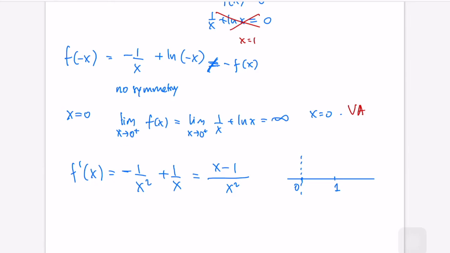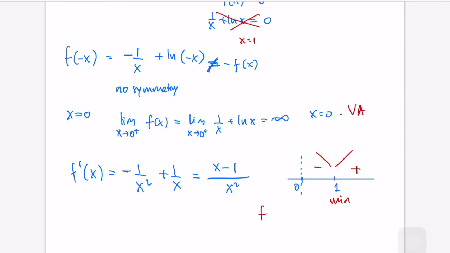So we can check from maybe a half. This is clearly negative, and this is positive here. So we'll have a minimum point at x = 1.